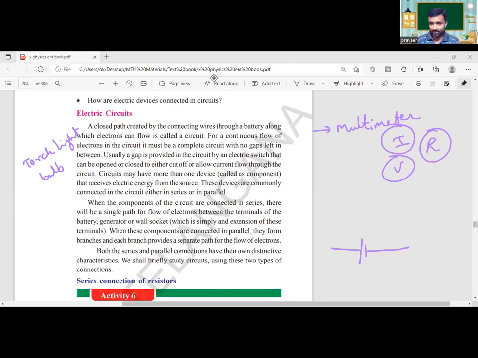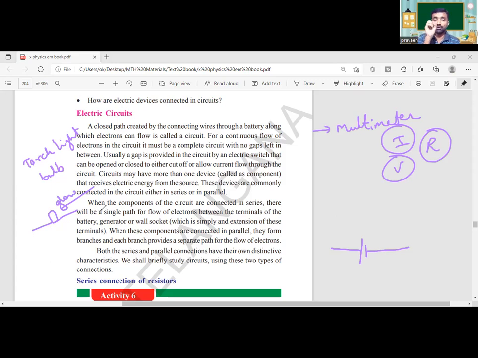Then simply here, if you use a torchlight bulb, its resistance depends on the battery voltage. Suppose LED bulbs, small terminals, right? Those LED bulbs will simply glow for any voltage. Even a small voltage can make the LED bulb glow, right?